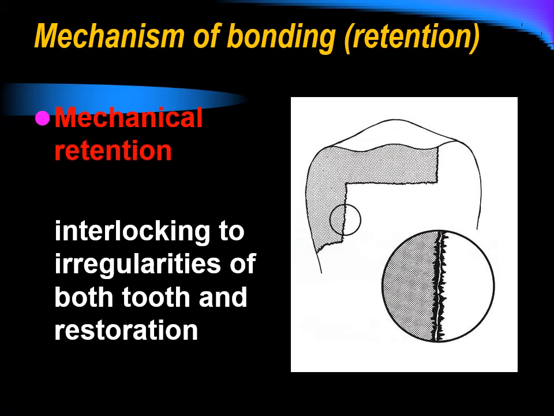They leave small irregularities on the tooth structure, which are transferred to the restoration during impression and casting. Also, there will be roughness on the inner surface of the restoration, which is the mechanism of bonding between it and the cement.